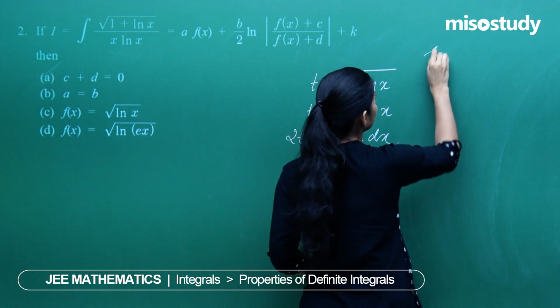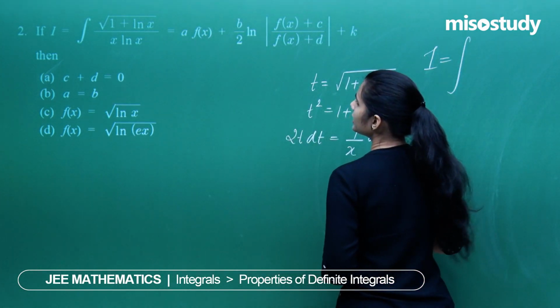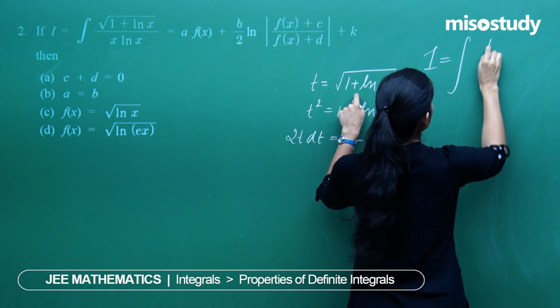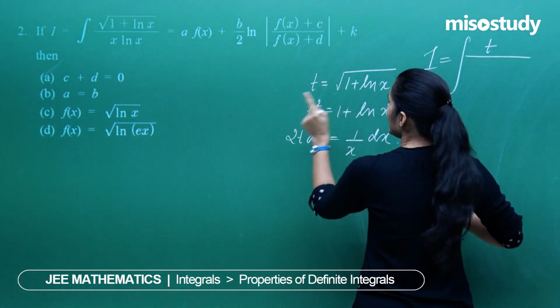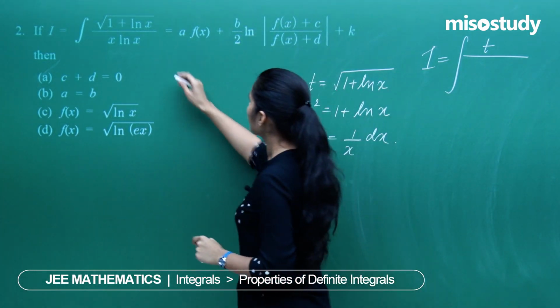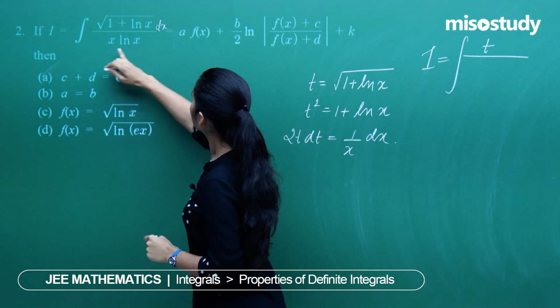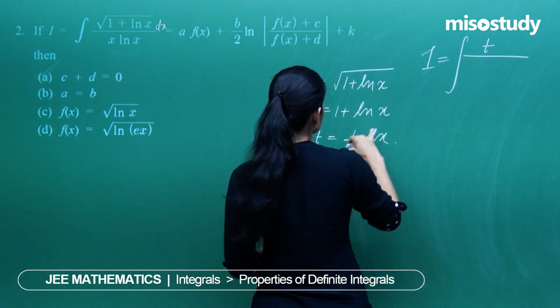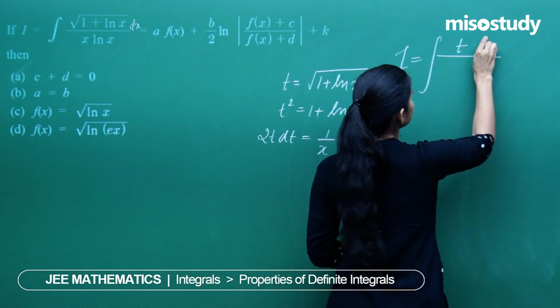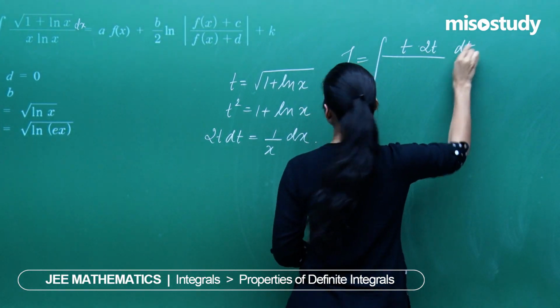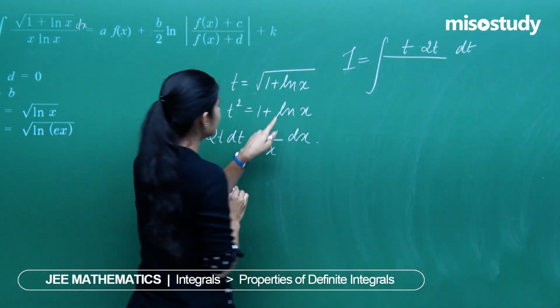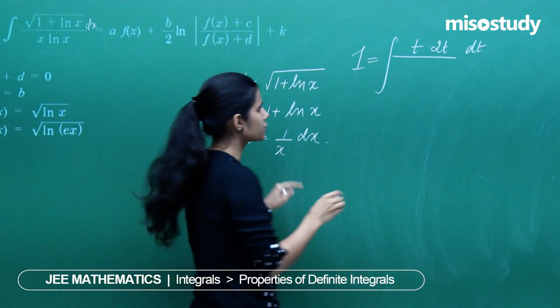So what does my integral become? I turns out to be under root 1 plus ln x, which is just t, upon x dx. So here obviously there is dx. Dx upon x is 2t dt, and ln x is t square minus 1.